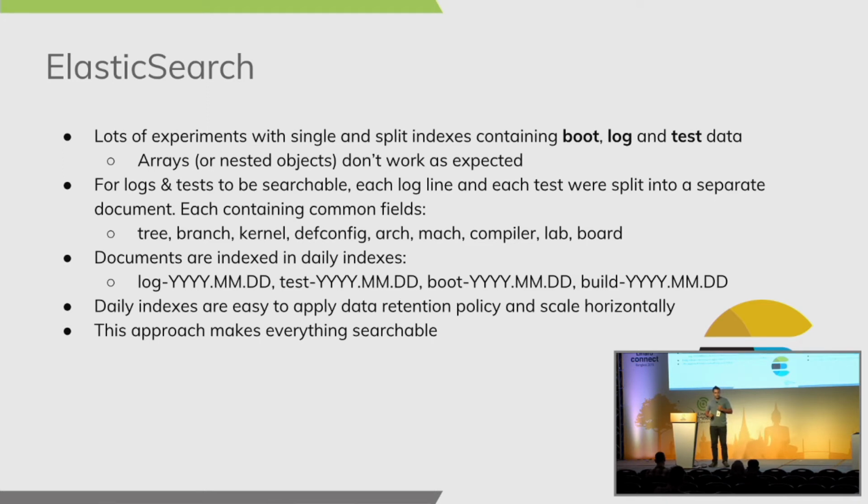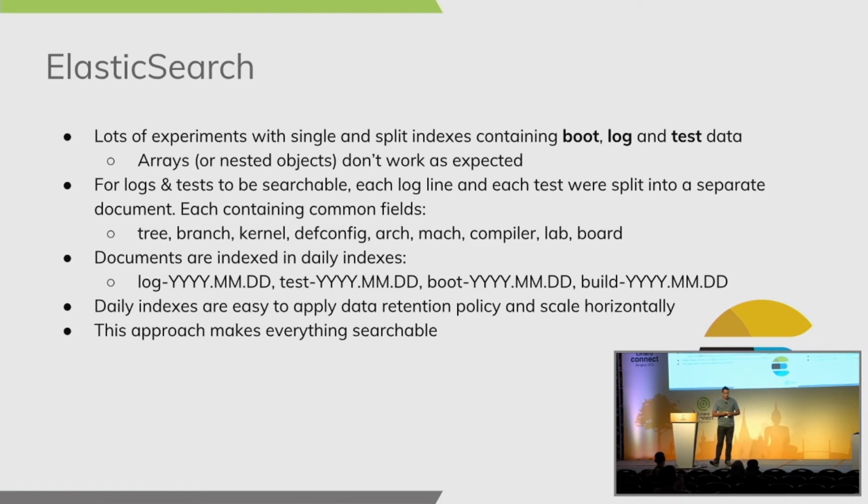And for the logs to be searchable, we needed to separate each log line of a Lava job into a separate document in Elasticsearch. And that made the data expand 10 times. Before, every single Lava file was 1 megabyte, and this Lava file got up to 100 megabytes, just one, because the log lines need to be duplicated a lot.